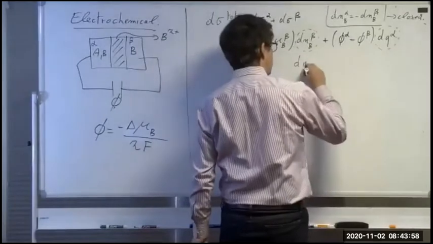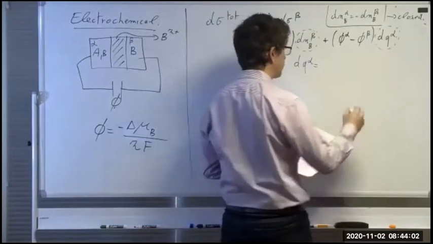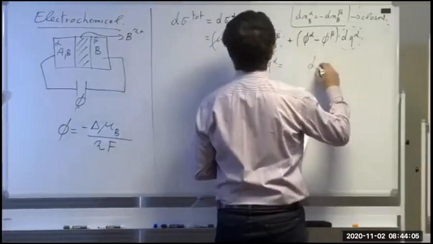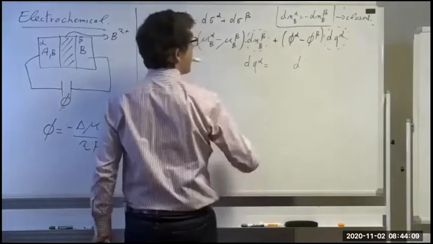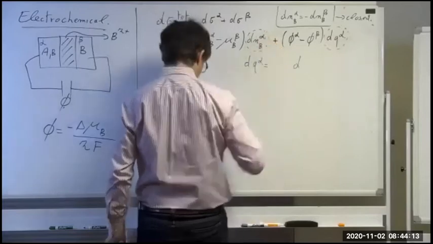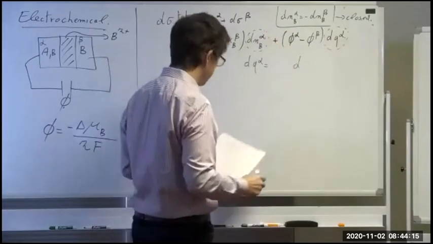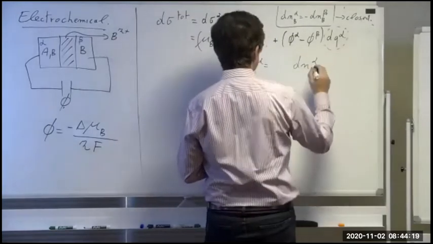So dq alpha is proportional to the flow of mass, right? You know, I made a mistake here. This should be alpha, right? So this should be proportional to the flow of mass. And what's the proportionality?